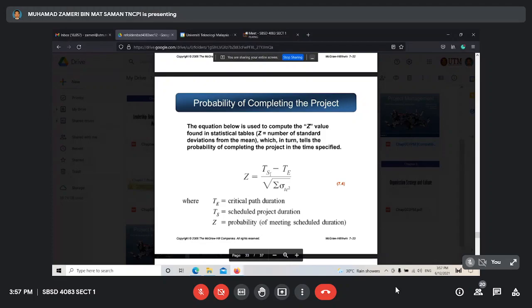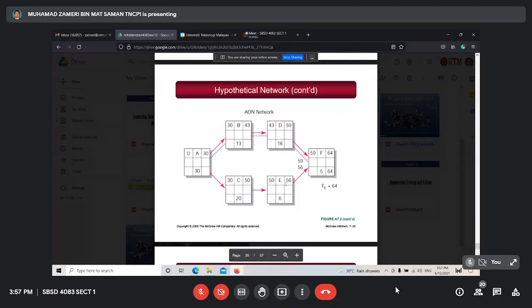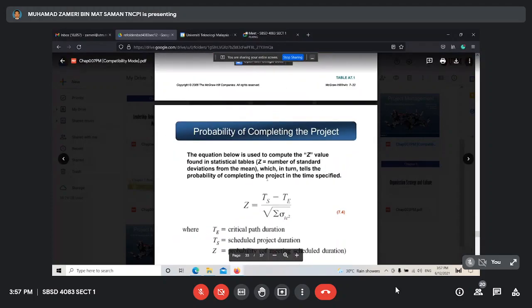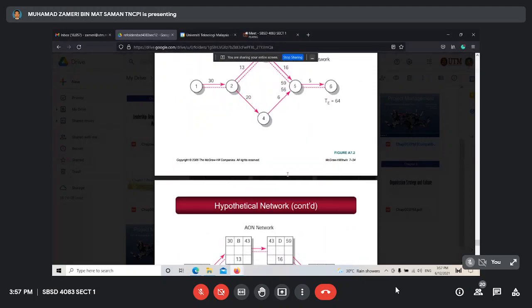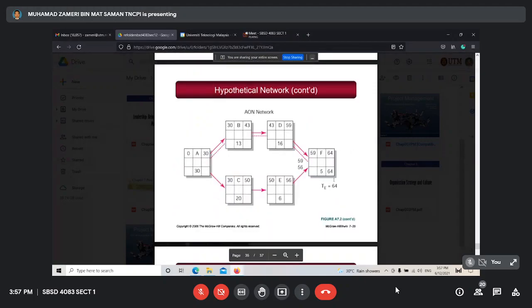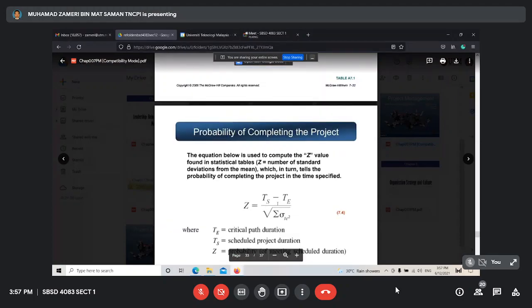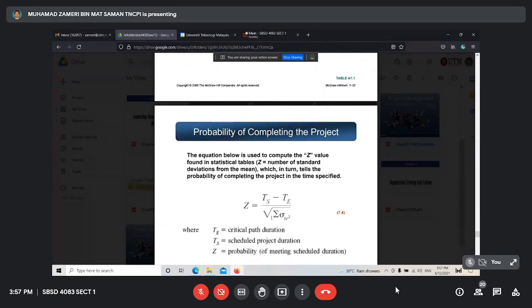Z equals TS minus TE. TS is our target just now, this one, 67. 67 minus TE. TE is 64, the estimate time. And then divided by the square root of the summation of the standard deviation.